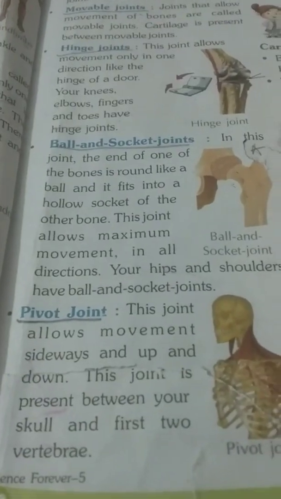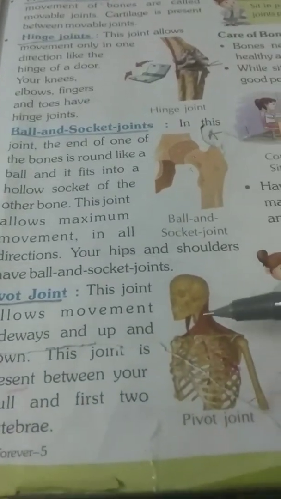This one, the shoulder of a human, can move in all directions. Then the hip, this one is the hip. This hip also has a ball and socket joint.